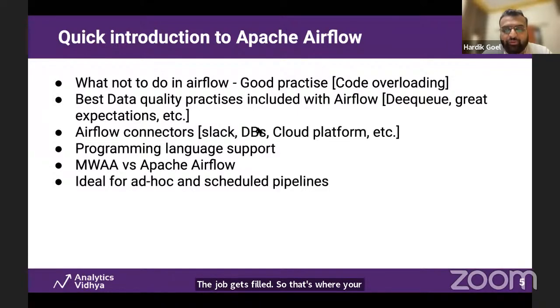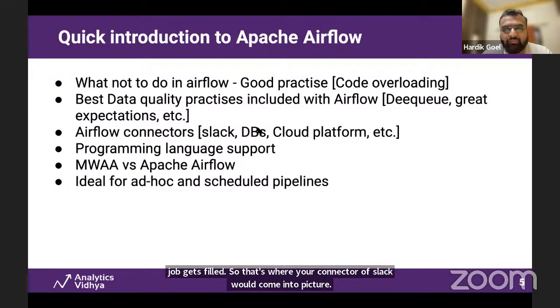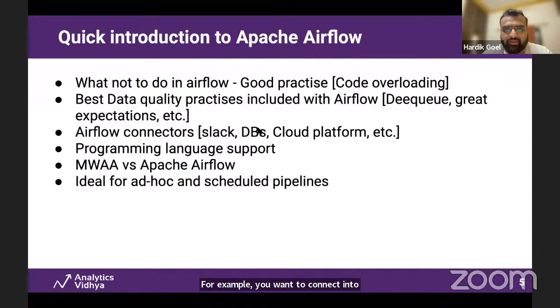For example, you want to connect to some RDBMS or some other database, and you directly want a DAG or a task to be consumed or handled from that particular DB. Then in that case, the DB connector would come into play. Any cloud platform, for example, if you want something to get connected with AWS per se, or your GCP or your Azure, etc., then that flexibility is also provided by Airflow.